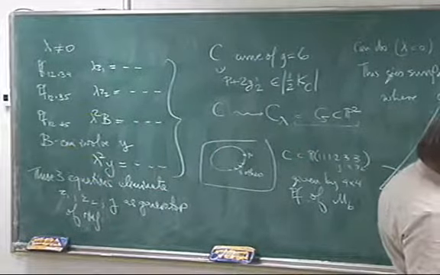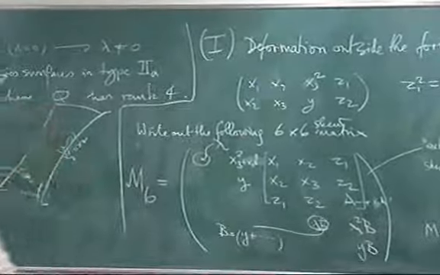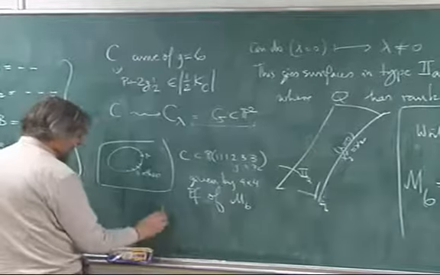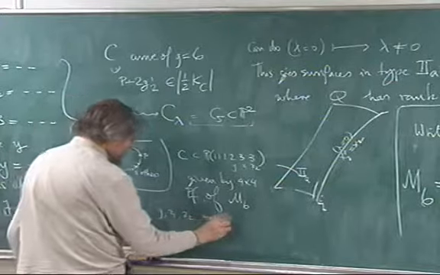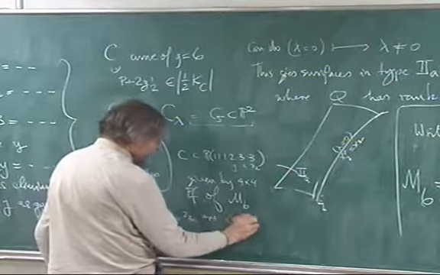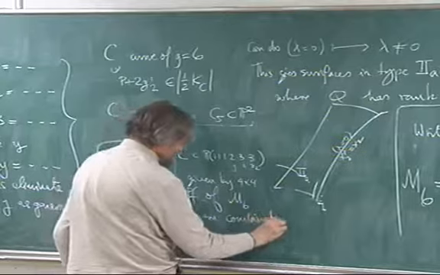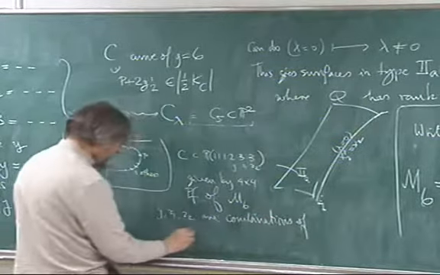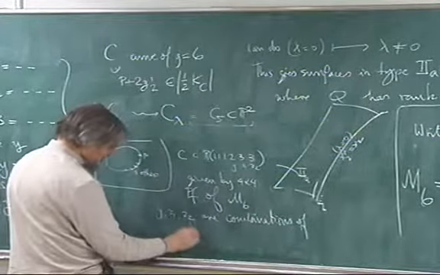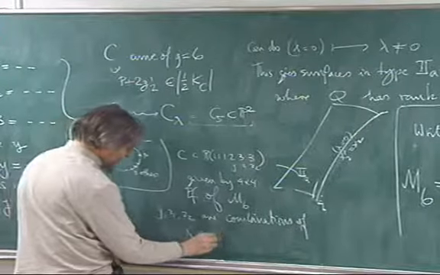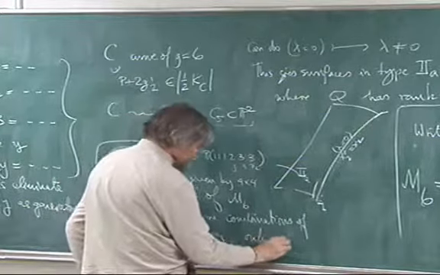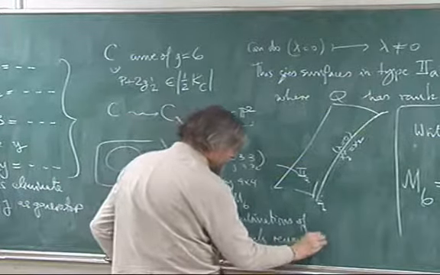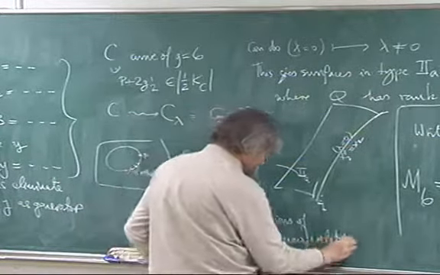So as soon as that lambda is non-zero, then Y, Z1, Z2 are combinations of x1, x2, x3, and the only remaining relation is a quintic.